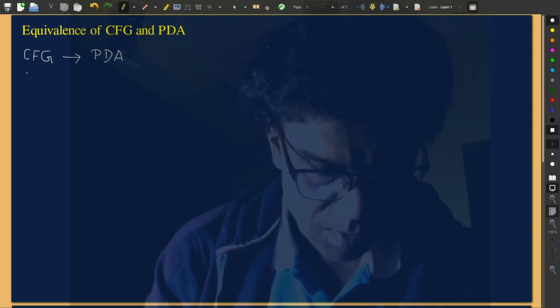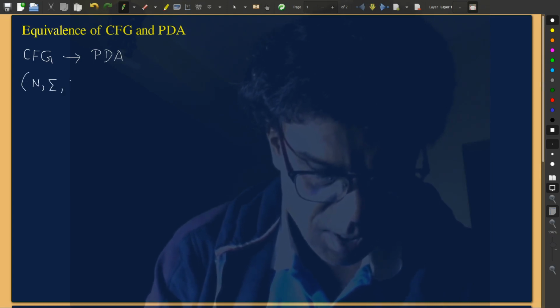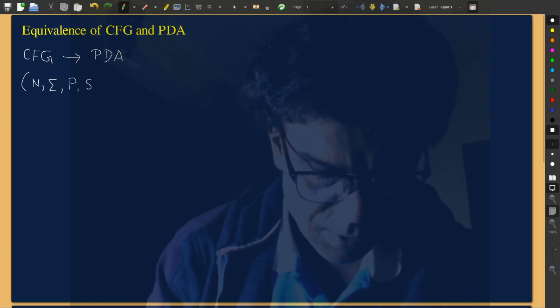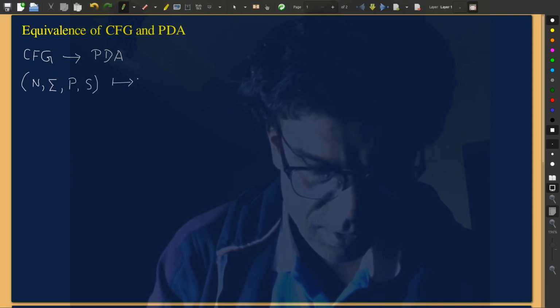So the input is a set of non-terminals, a set of terminal symbols, a set of productions, or rules, and then a start symbol. From that, I will generate a PDA.